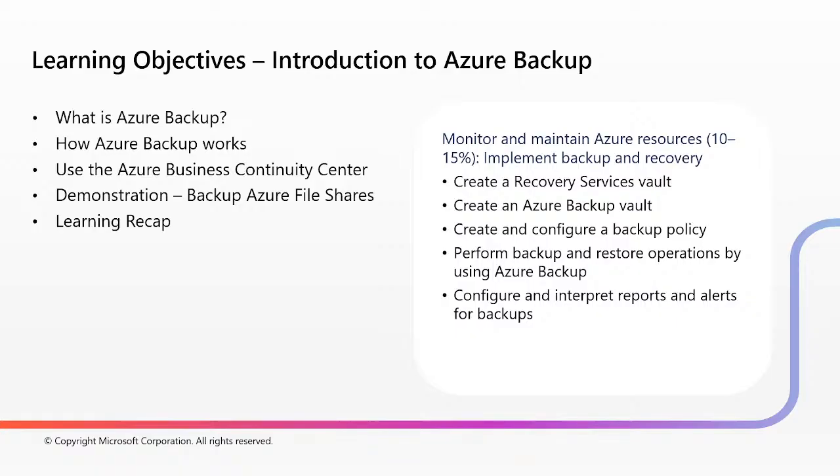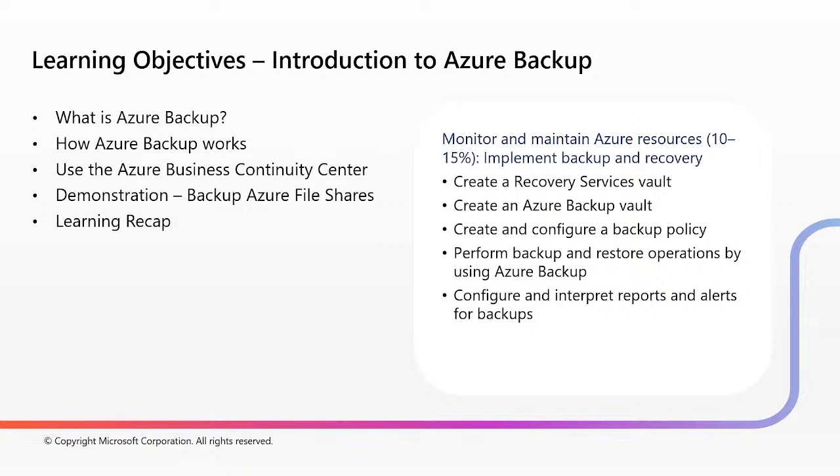So we are going to look at that Business Continuity Center, then a demonstration of how to back up an Azure file share. And if you are going to go for the AZ-104 exam after this class, you can see what you're going to be looking at: how to create Recovery Services vaults.